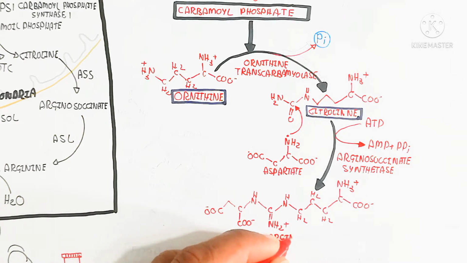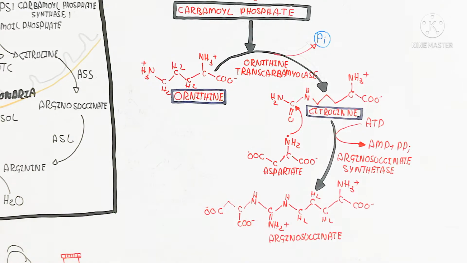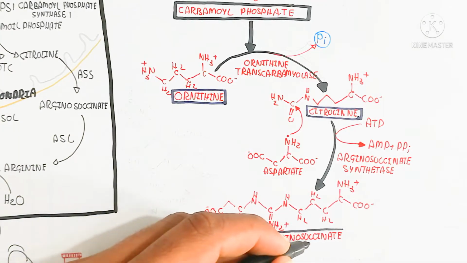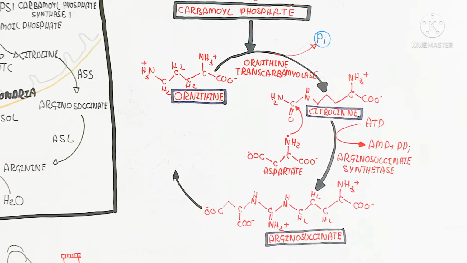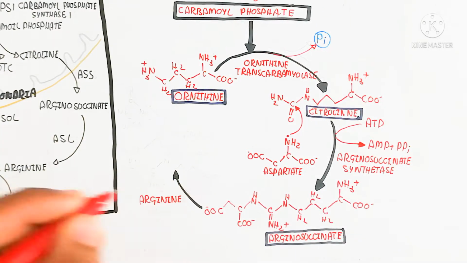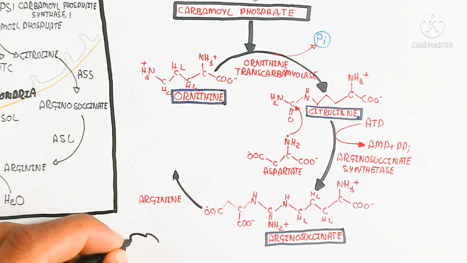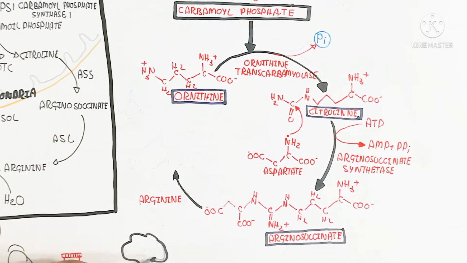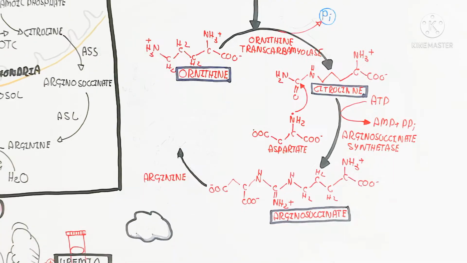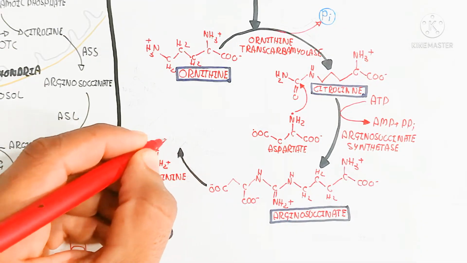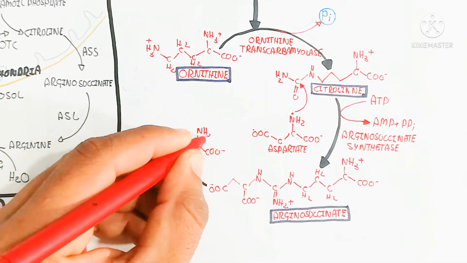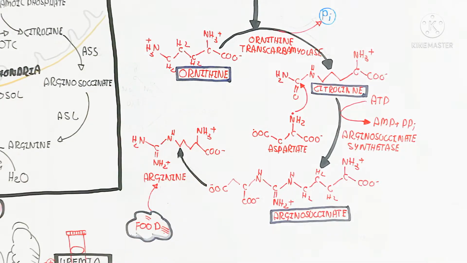So when we take in food, arginine, which is basically a non-essential amino acid, is also produced in our body, while arginine also comes from the food. So it is also converted from the arginosuccinate into the arginine, and this arginine is acted on by the arginase enzyme.